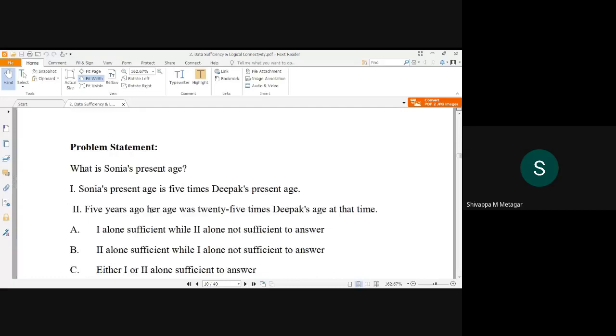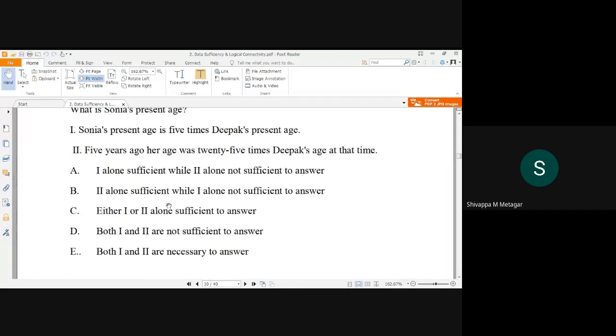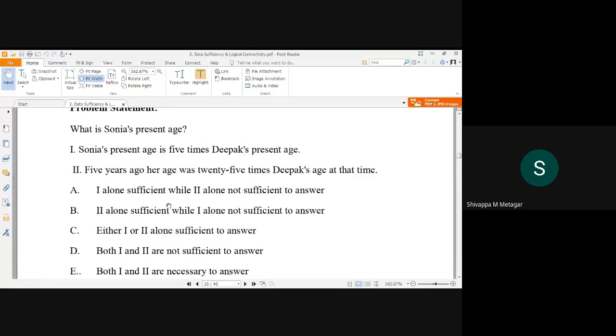So the first problem statement is this one. What is Sonia's present age? This is what you have to find out, based on the 2 statements. What are those 2 statements? First statement: Sonia's present age is 5 times Deepak's present age.